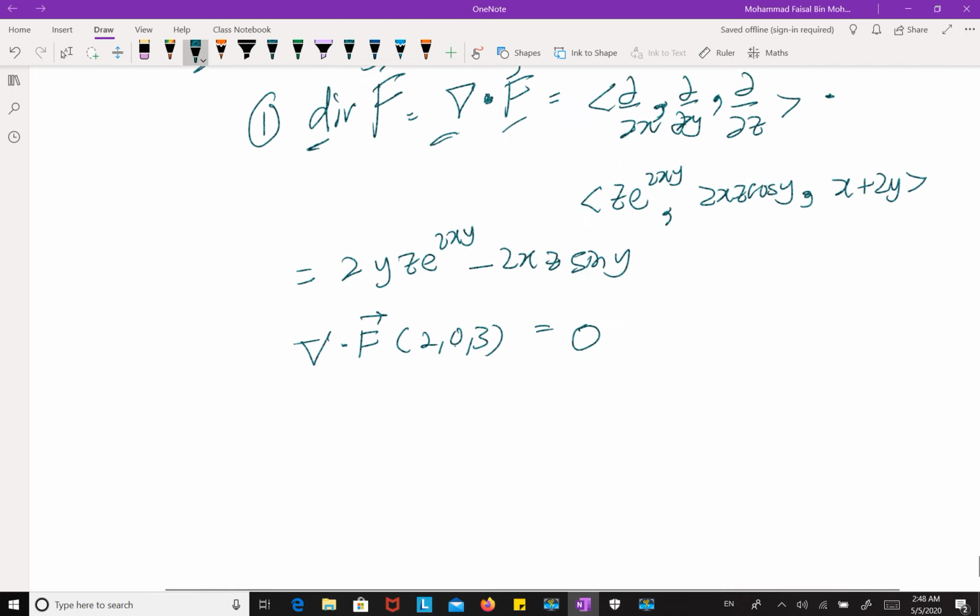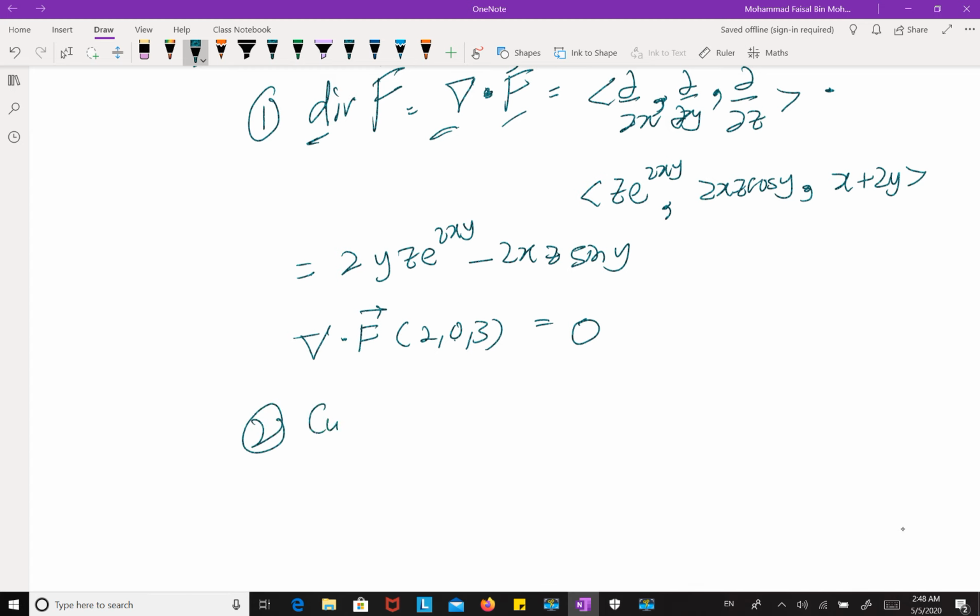Second, curl will be del cross F, cross, okay, remember.